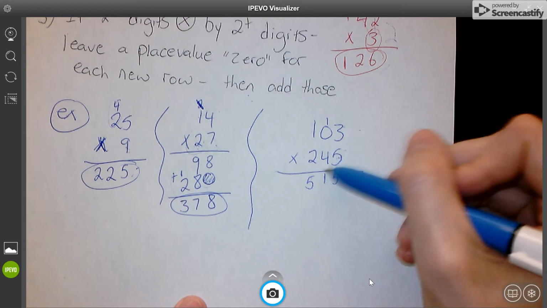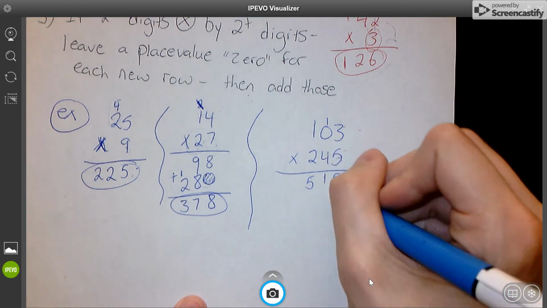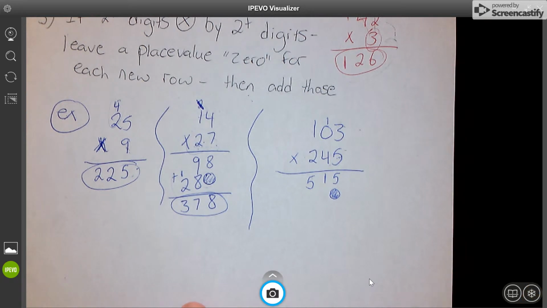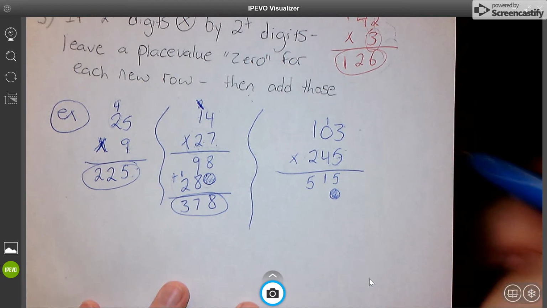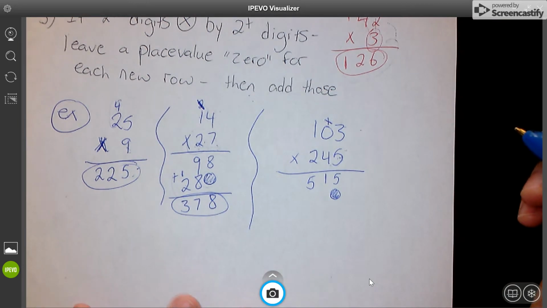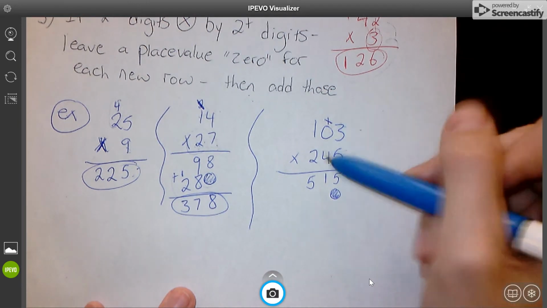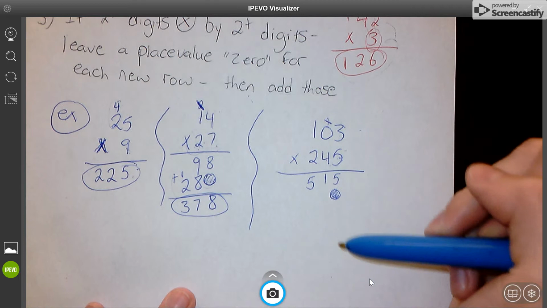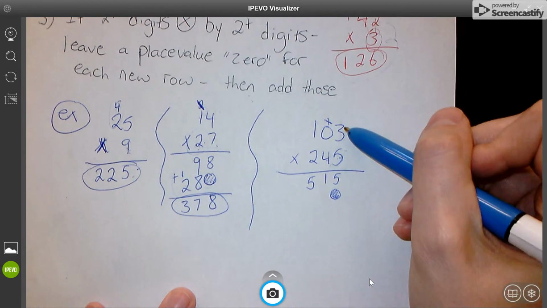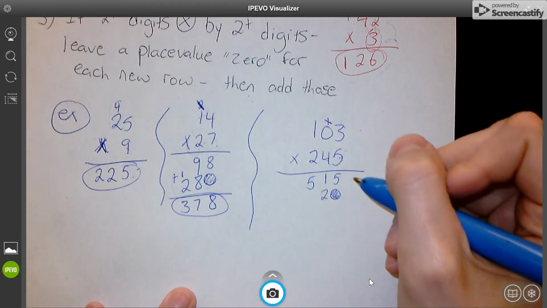Okay, every time I move to a new number that I'm multiplying, I have to leave one of those little place value zeros, the black holes. Get rid of anything that you've carried, so get rid of that carried 1 so it doesn't confuse you. And now I'm going to multiply 4 by all my top numbers. Okay, 4 times 3 is 12.